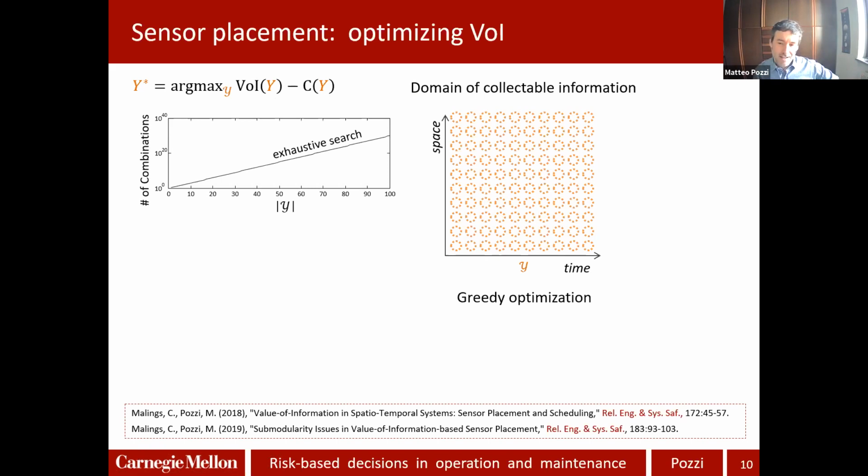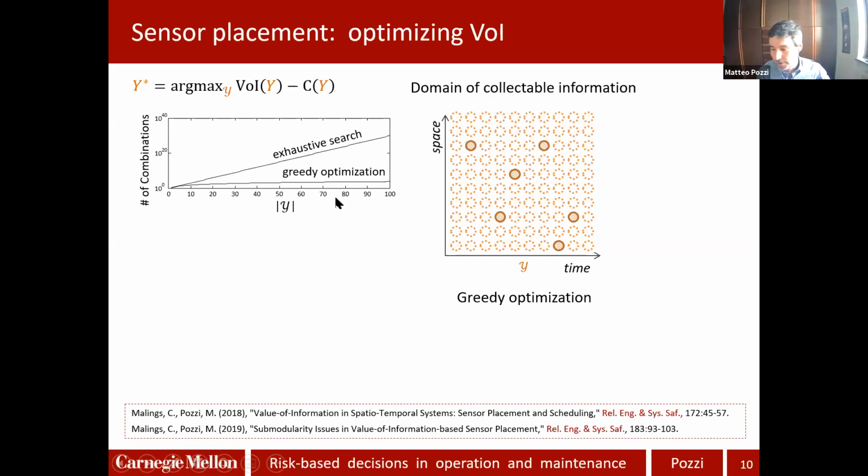However, there are traditionally proposed efficient algorithms to deal with the issue. The idea of a greedy algorithm is to place a sensor in the best location as if you have access just to one sensor, and then add another one and so on. So the number of combinations becomes much smaller, it grows just linearly with the number of sensors.